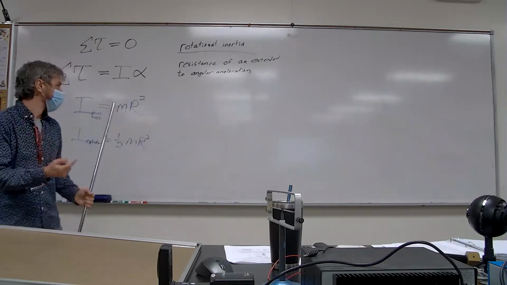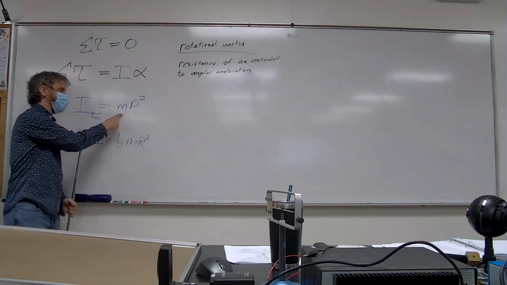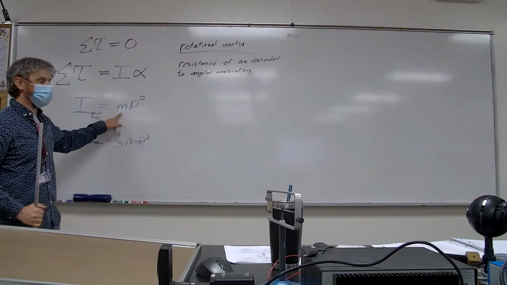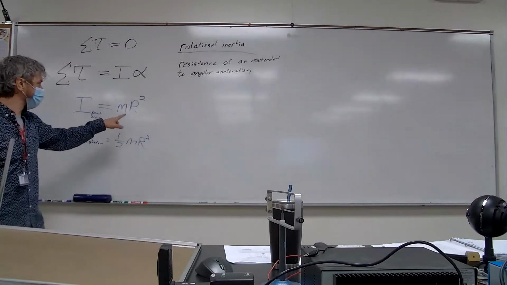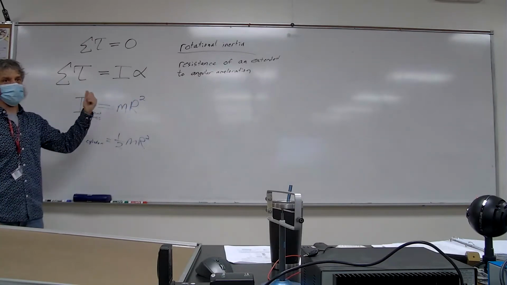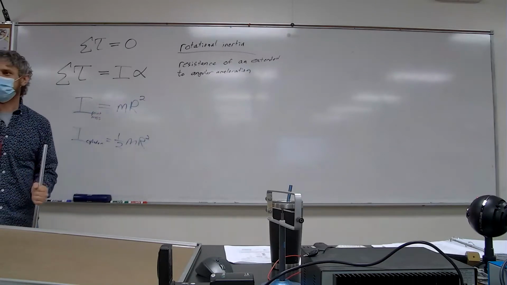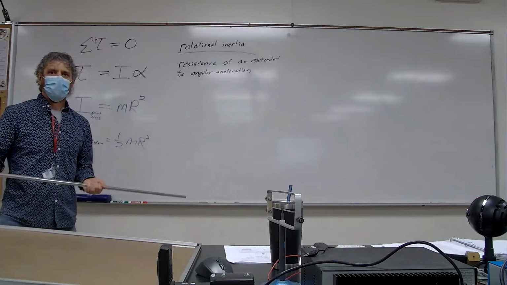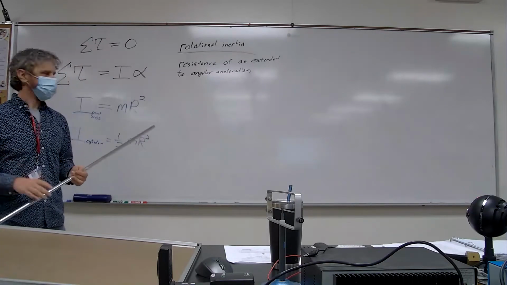It turns out that the distribution of the mass is much more important when it comes to angular or rotational inertia than the mass itself, because it gets squared, right? When something gets squared, when you change it, it has a bigger effect than if you don't square it. Make sense? The R value is just the lever arm, yeah? Yeah.